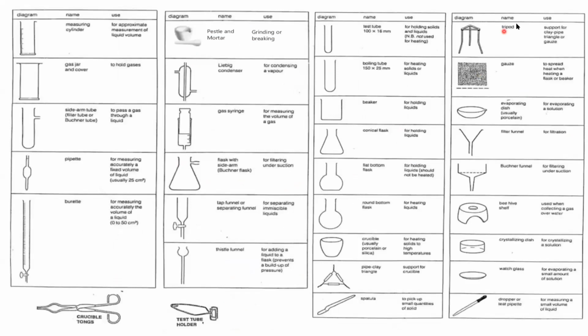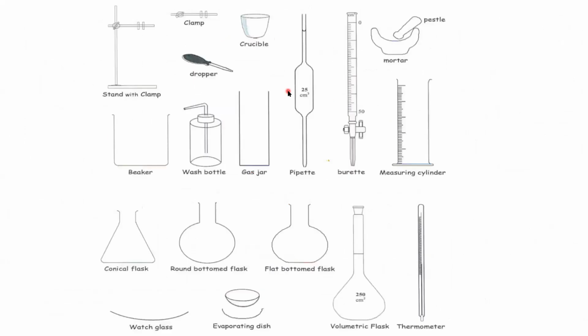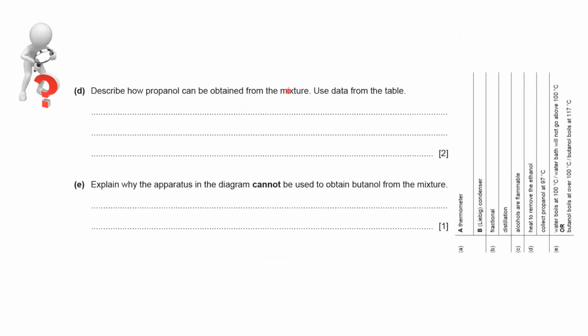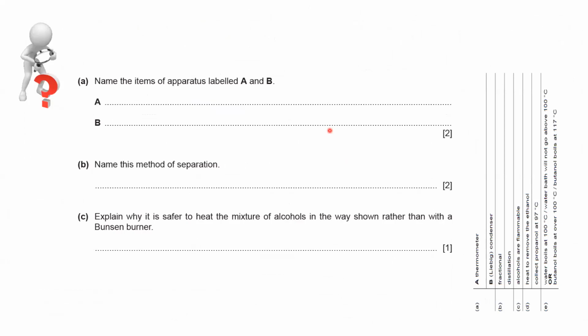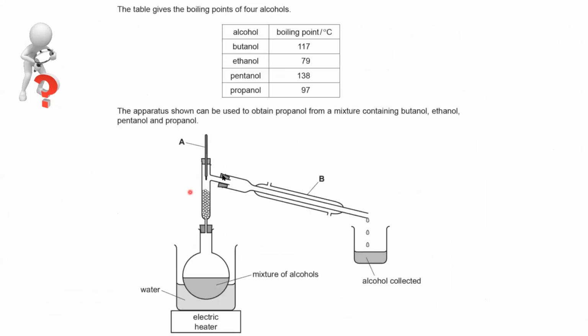I shared this slide. The use is also given, so you can read the use. In the exam they normally don't ask what the use of that is, but it's for your understanding. You can go through the use as well. So I will share this part with you. You can memorize the apparatus.